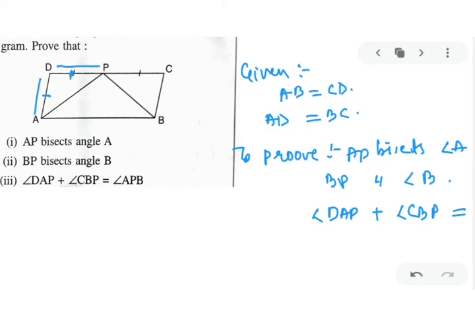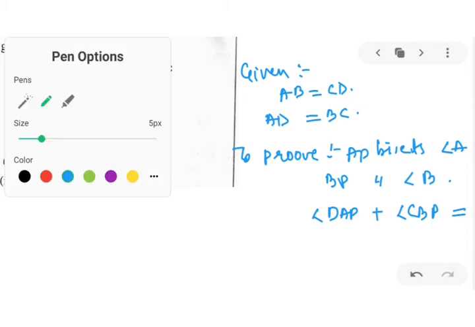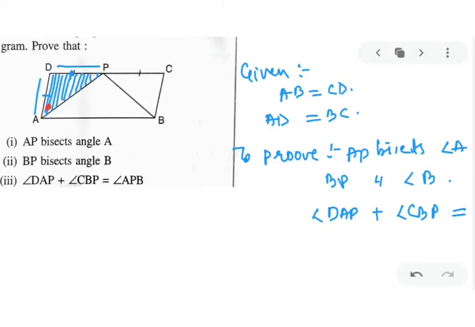to DP. If it is such, then this triangle will become an isosceles triangle because two sides are equal. Hence, I can say that the base angles are also equal. That is, angle DAP is equal to angle DPA.